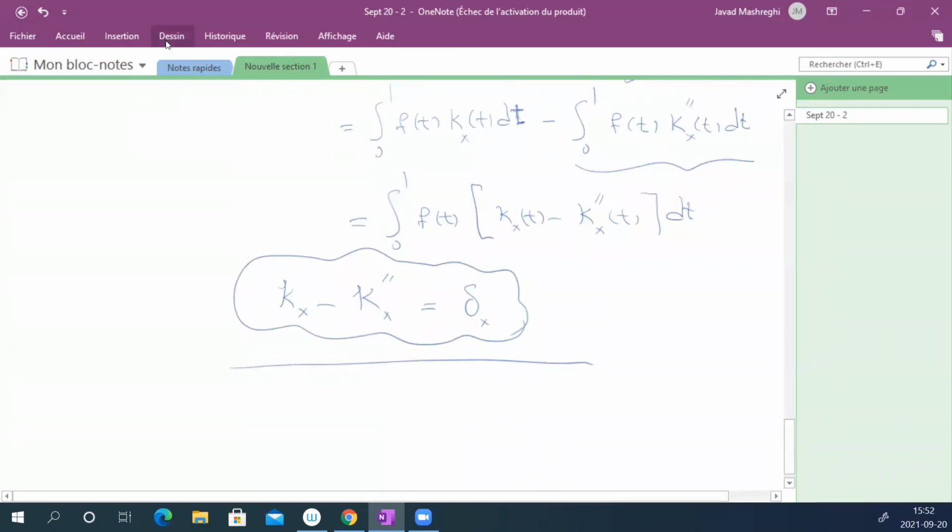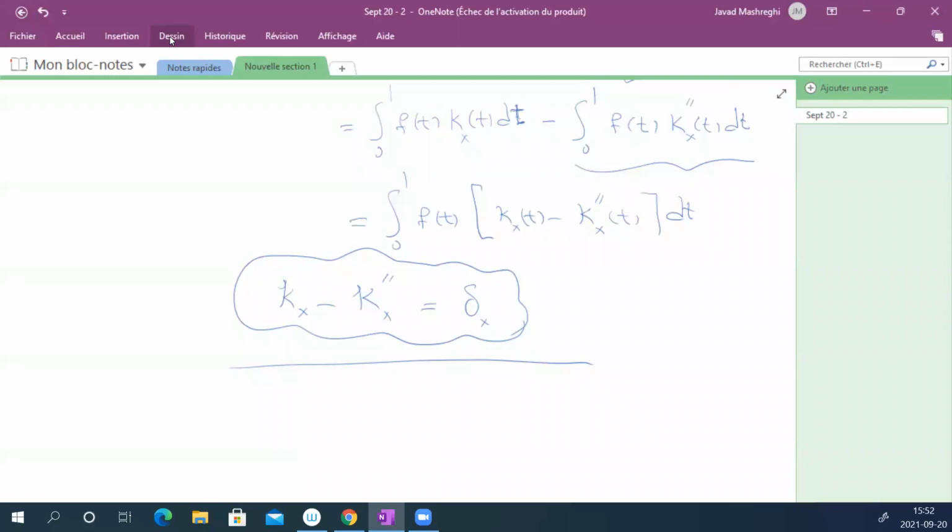Temporarily delta x will be replaced by ux prime, and we will be in the ODE regular. I'm sorry, I didn't hear well. I don't get your point.